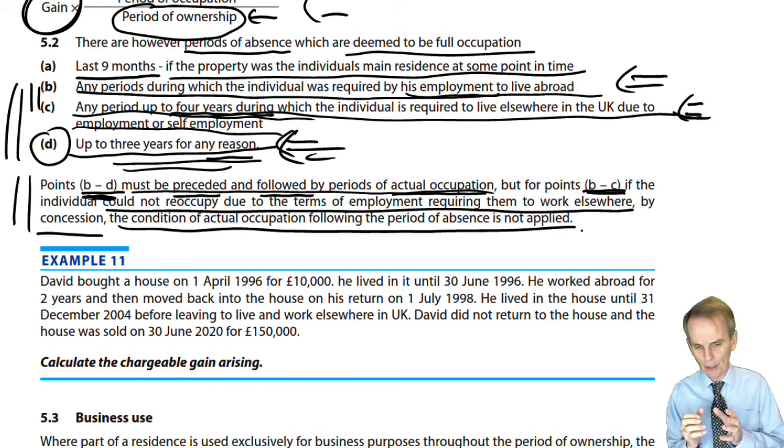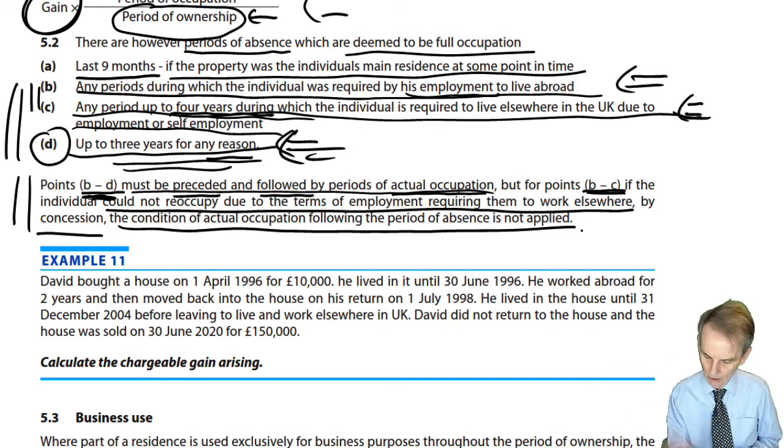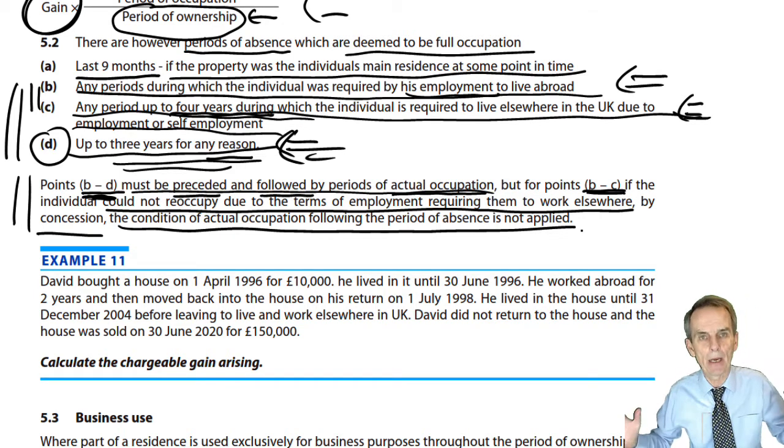HMRC are not going to say to me, in which case, if you want that 10 years of work in Australia to classify as deemed occupation, which of course I do, I don't want to be paying a huge amount of tax on a huge gain on that property when I sell it, then this concession means that if I am still in that employment, or it doesn't have to be the same as the one when I left, but I'm in employment in Australia, I do not have to leave that employment, come back to the UK, and live in the property before I sell it, to get any period spent working overseas as deemed occupation.